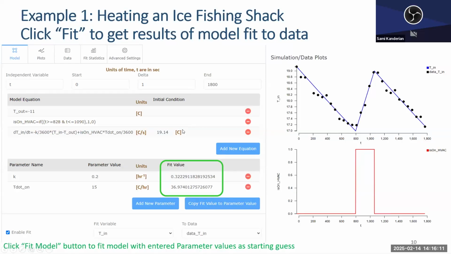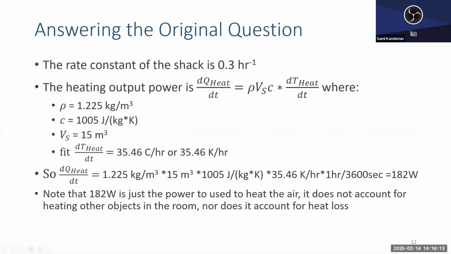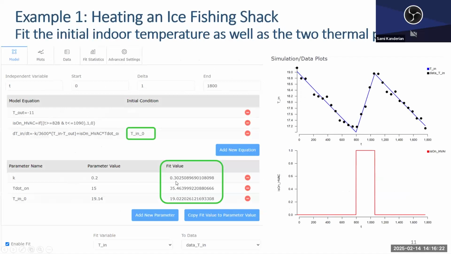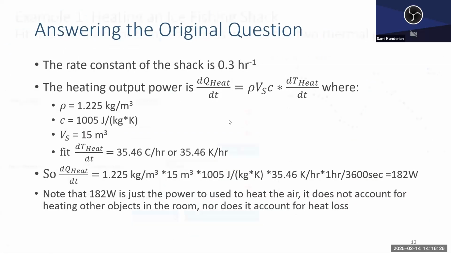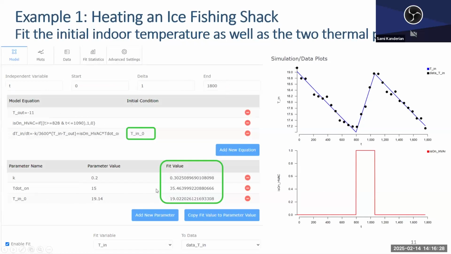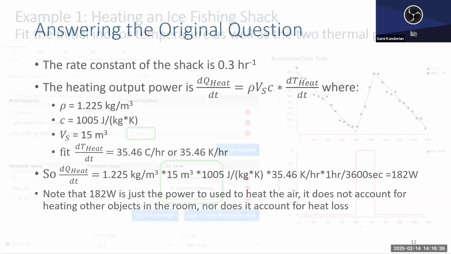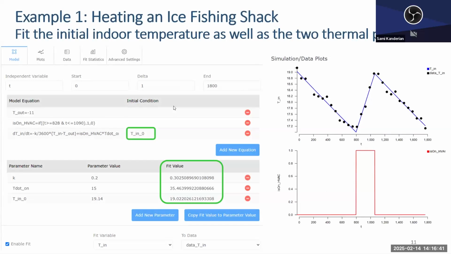So the original question is, what's the rate constant? We can pull the rate constant directly from the fit parameters over here. That was 0.3. Our output for the other parameter is the rate at which the heater is increasing the temperature of the room, and that was 35 degrees per hour.